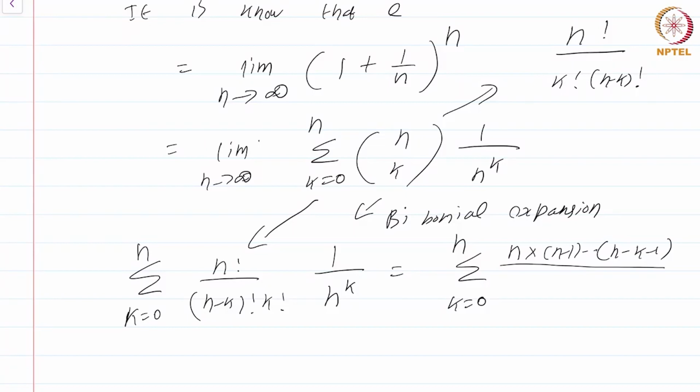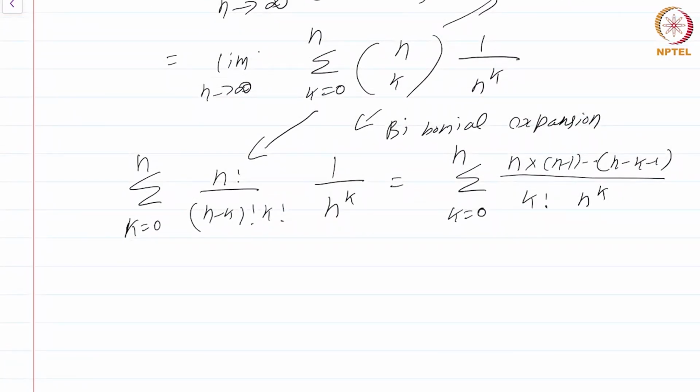So I'll be left with k factorial. Okay, small correction: k factorial into n power k. Now observe that there are k terms here, n, n minus 1, all the way to n minus k plus 1. And in the denominator we have n power k.